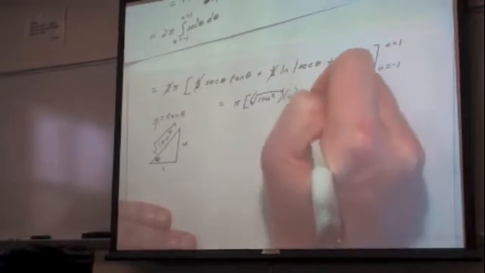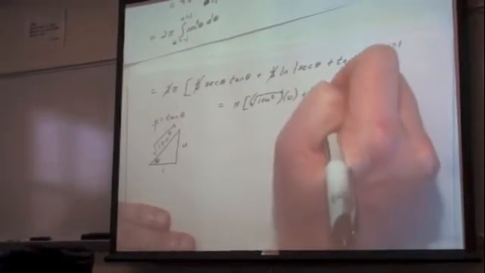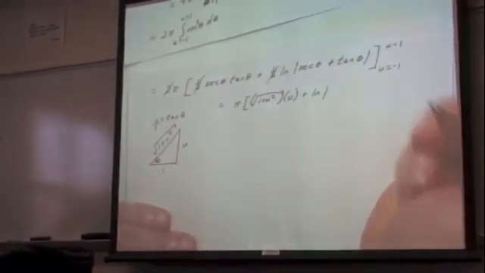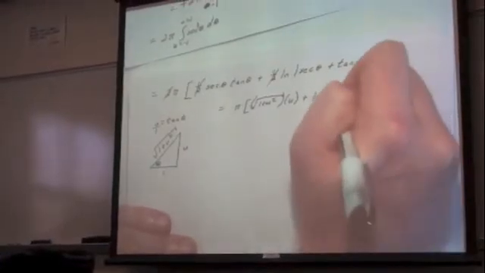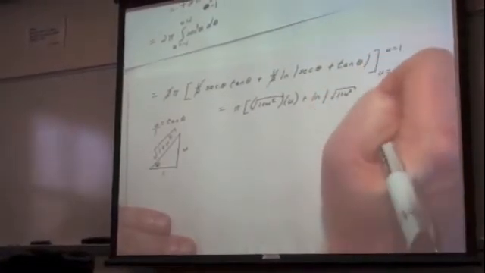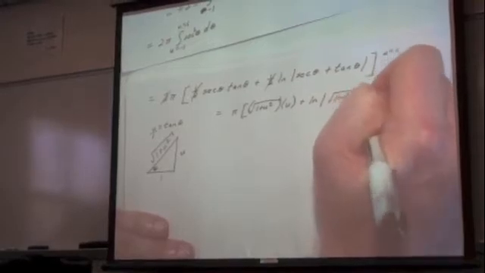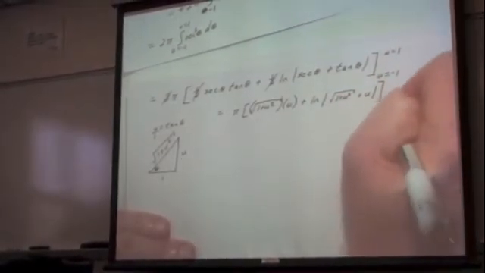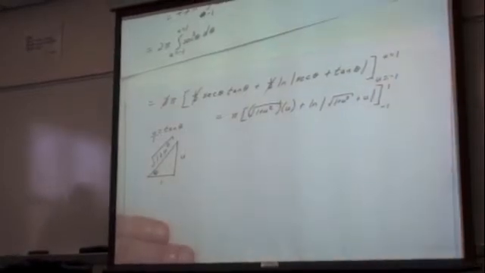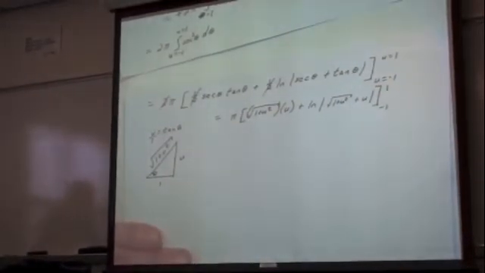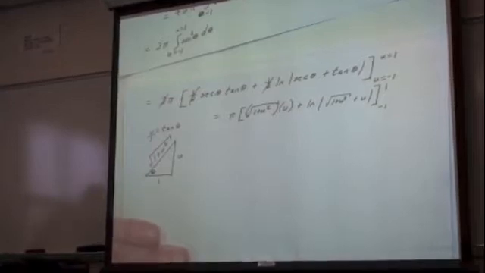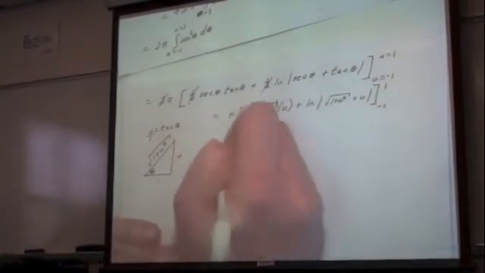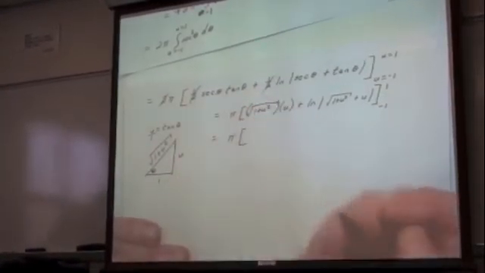So I'll say plus the natural log of the absolute value, secant square root of 1 plus U squared, plus tangent, which we knew was U. And this is, again, from -1 to 1. I don't have to put U equals because now the only variable in there is a U. So my final answer here, I'll get pi times the group.